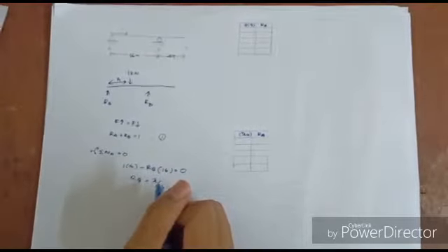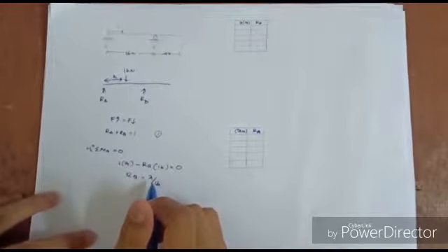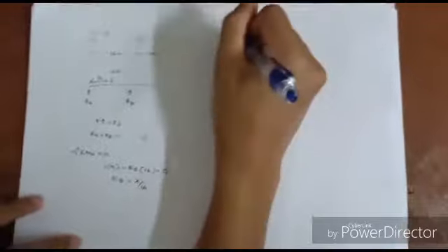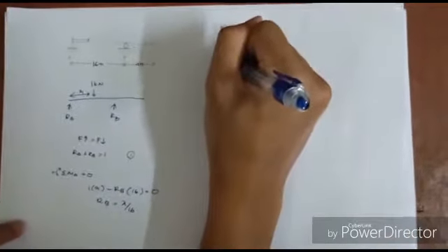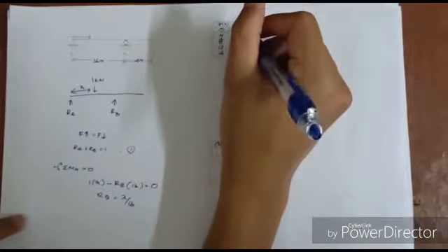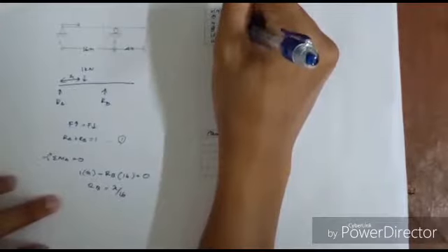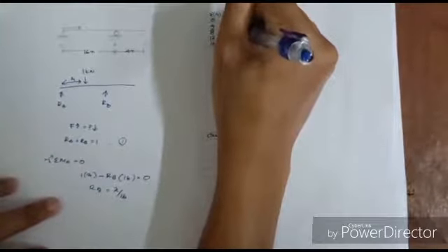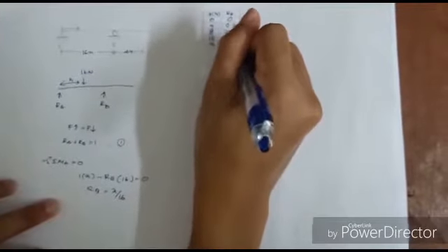From the equation of RB, we substitute values from 0 meter to 16 meter in the table: 0, 4, 8, 12 and 16 meter. We calculate RB from this equation, and we will get 0, 0.25, 0.5, 0.75 and 1.